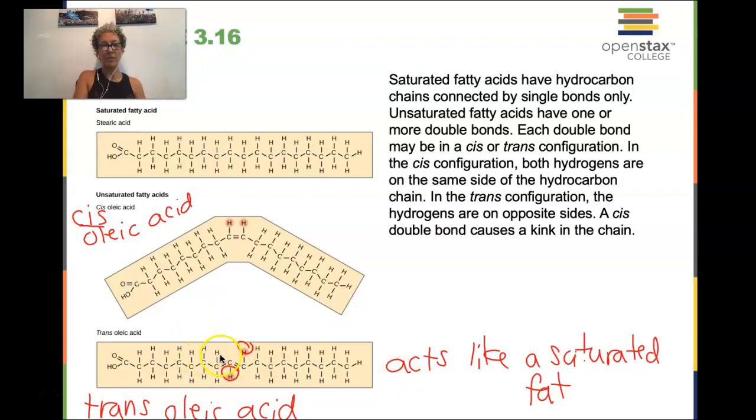Now it's oleic acid. It has a double bond. It is unsaturated, but because of the different position of those hydrogens, we've created a more linear molecule, and it will act like a saturated fat.